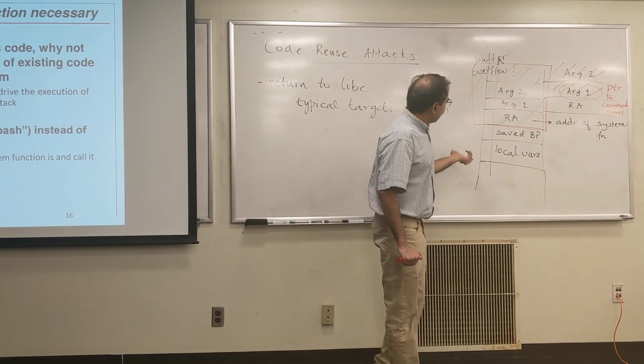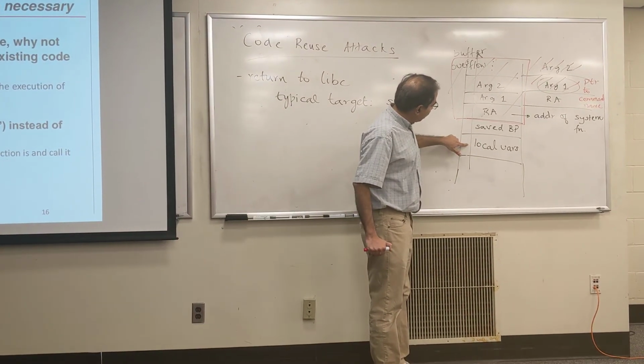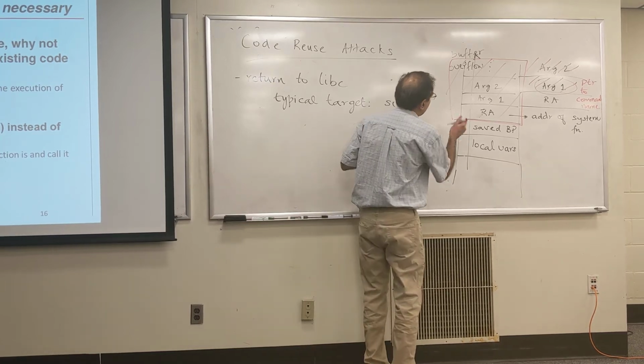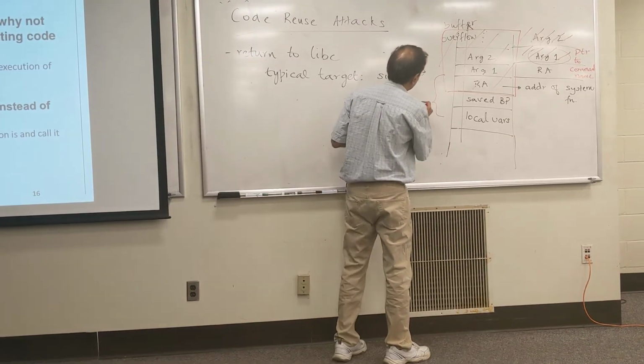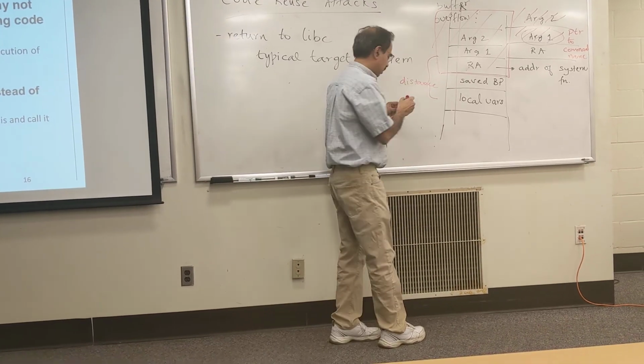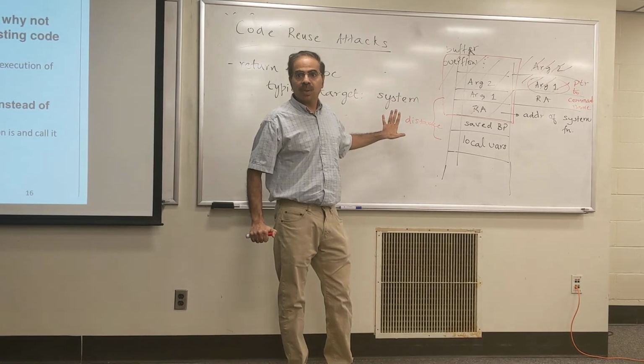So suppose you have a buffer overflow from here, right? In order to override the return address, the attacker only needs to know this distance, and this distance is fixed given the function, okay?